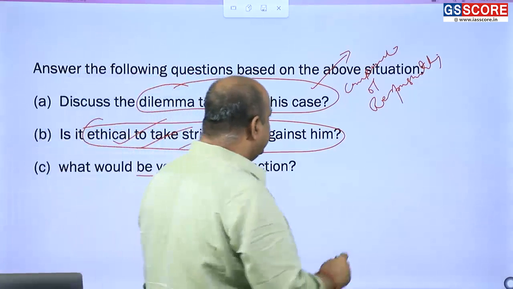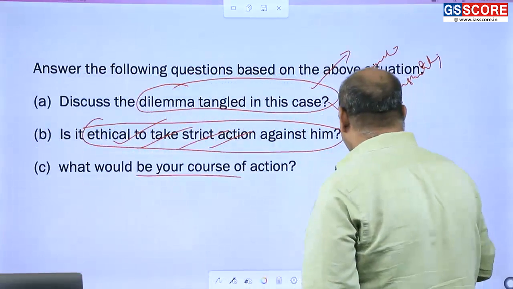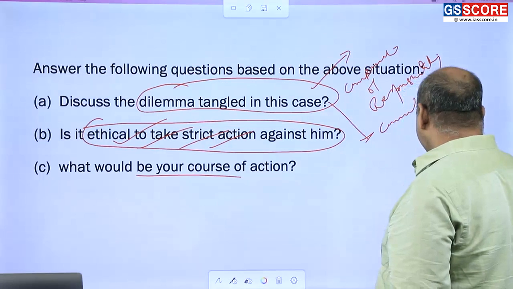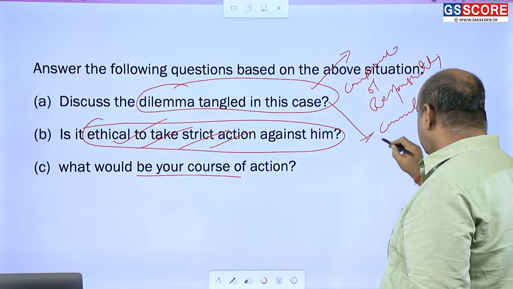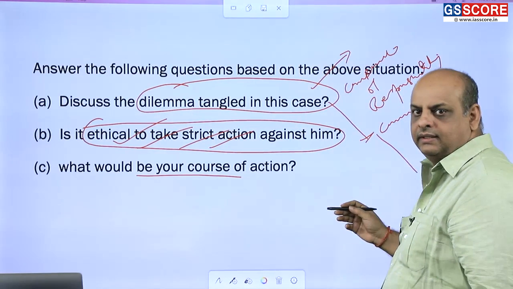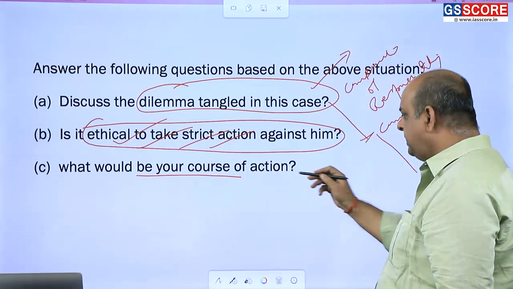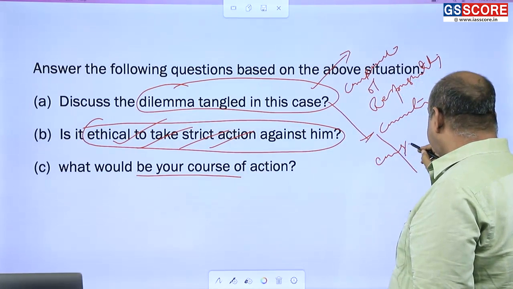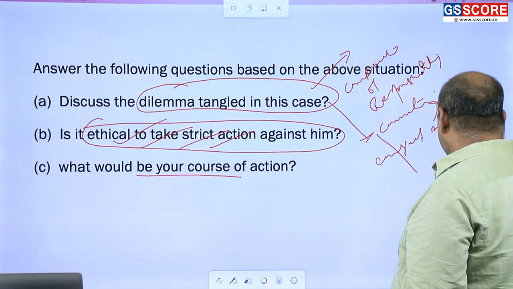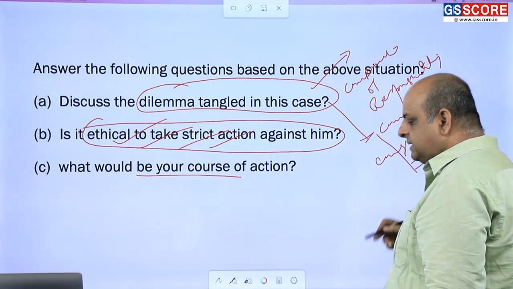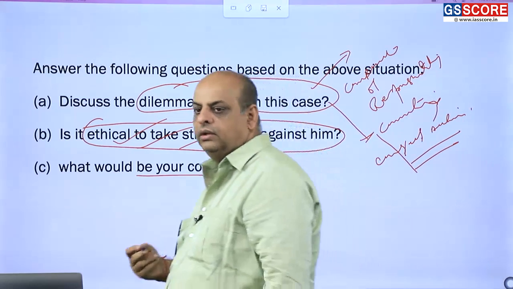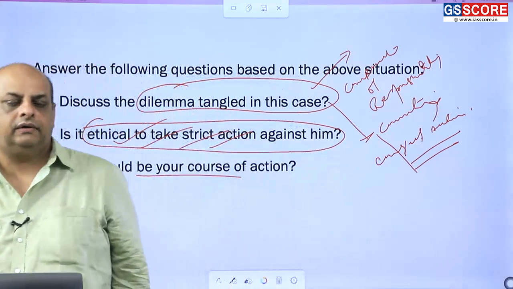But the point which I am trying to say here is that basically the demand of the community is right at their own place. But when you say course of action, this course of action demands that first you settle your conflict of responsibility.